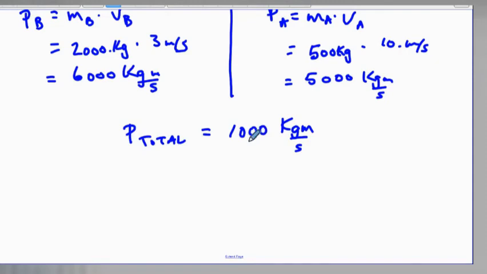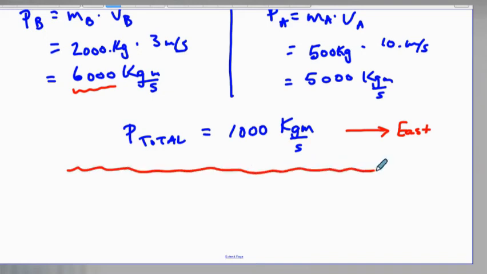The question is, in what direction? Is it east or west? It's not going to be north or south. One overruns the other, and because the bigger value is over here, it's going to have a net momentum in the eastern direction. So my P total is 1,000 kilogram meters per second heading east.